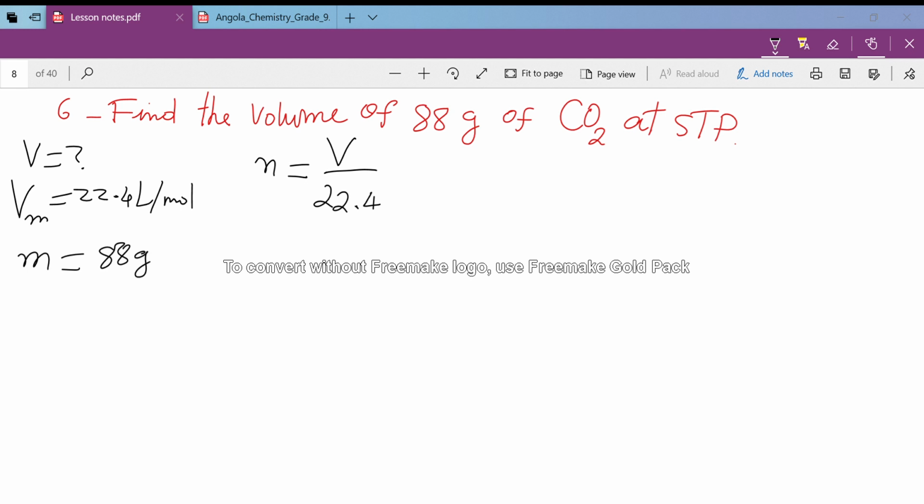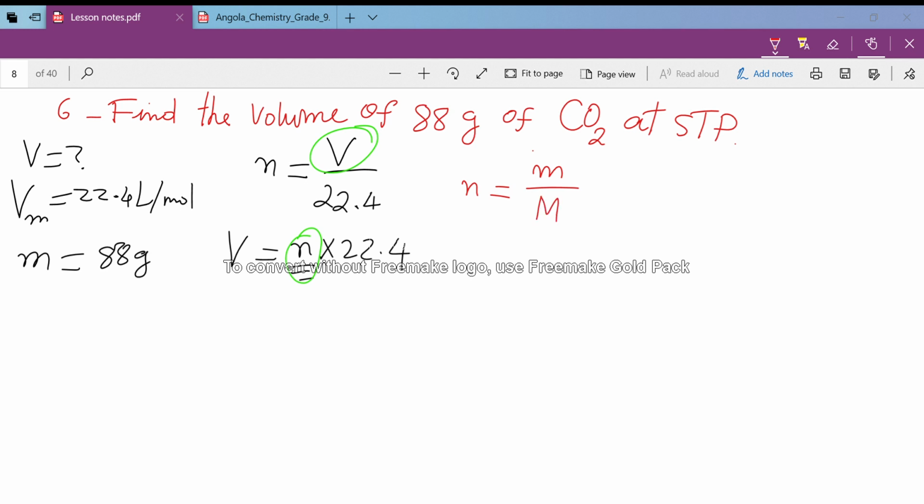Now, we want to find the volume. If we isolate volume, volume will be number of moles times 22.4, like we've done before. But the problem is that we don't have the number of moles, so this is missing. But remember, from what we've learned in the previous video, number of moles is the mass divided by molar mass.